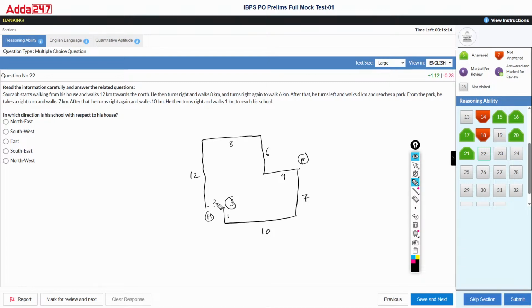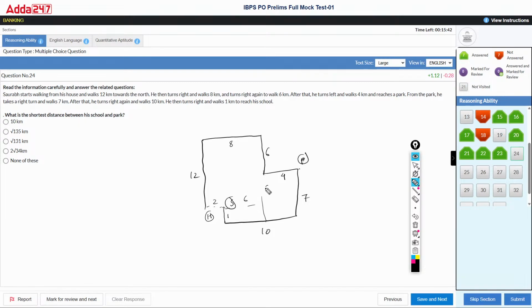In which direction is his school? School is in the east direction from his house. From his house to school, 12, 20, 30, 40, 47, and 48. Shortest distance, school and park. So this is 4. So this is 6.